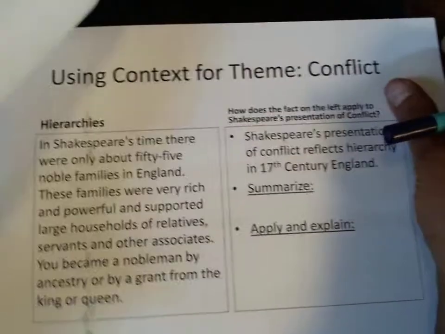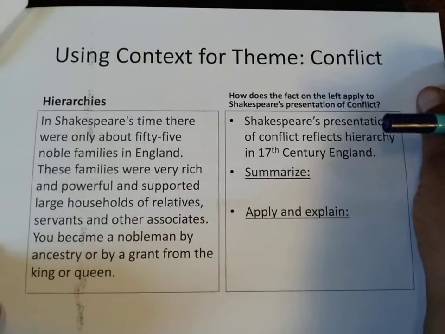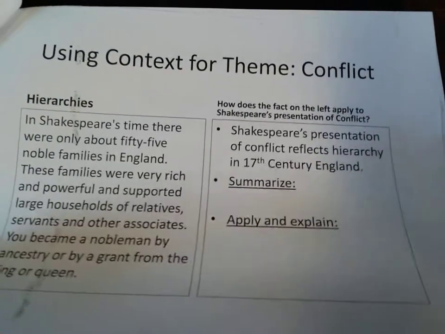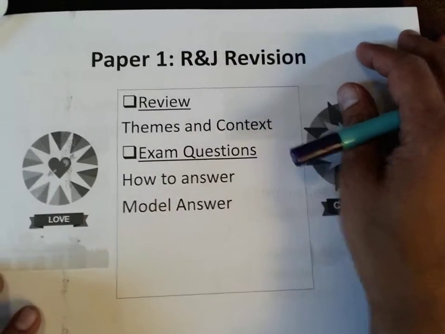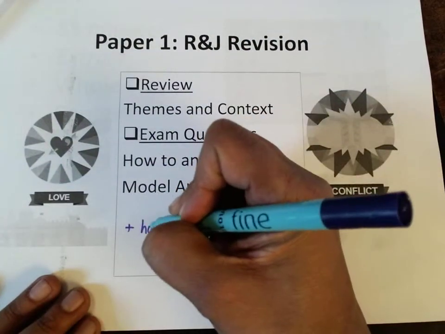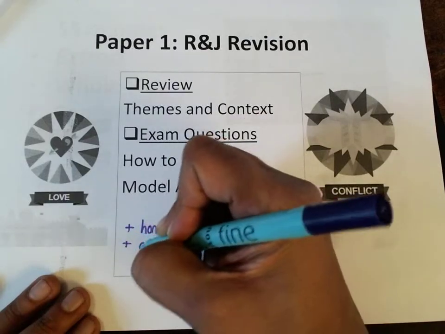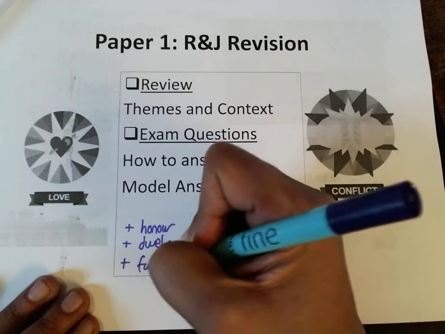So setting is just one of those things I'd ask you to think about for this exam. Hierarchies, these are all things that we've given you in your packet. They're basic context that you might want to think about. You might also want to think about things like honor, about dueling, about the way families work.